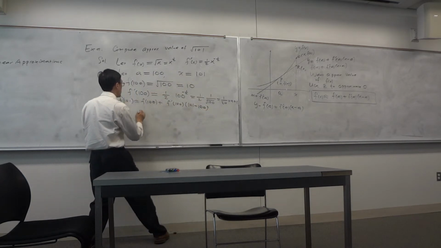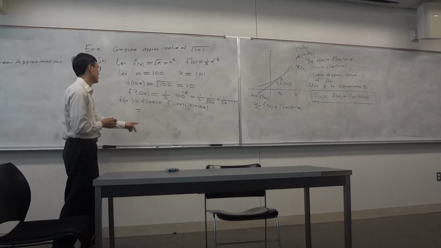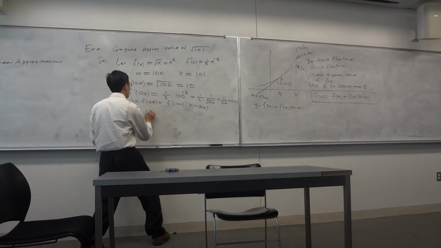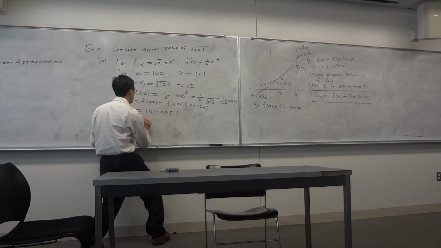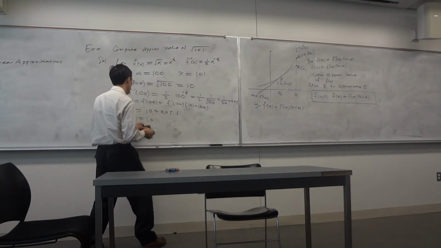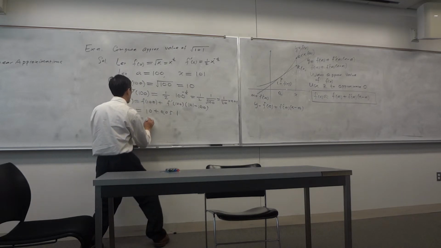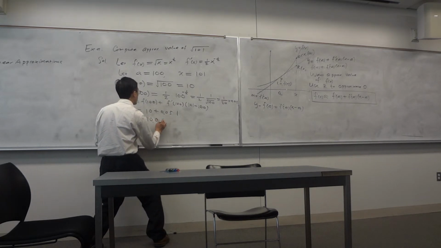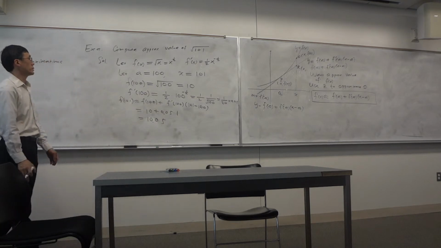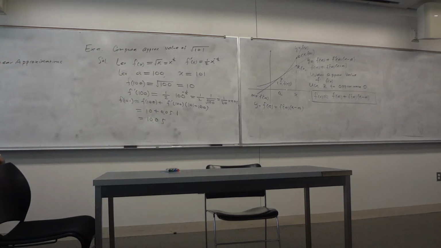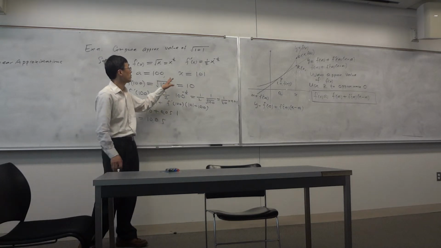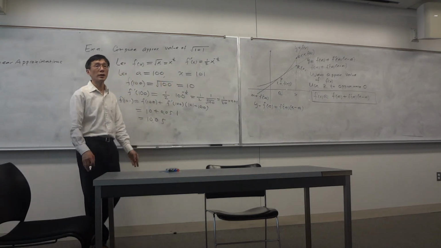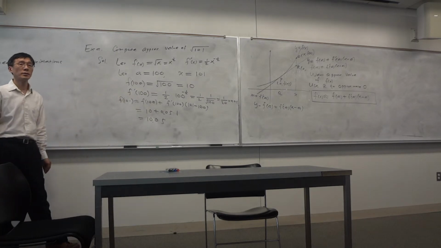And that will give you some number. In this case, it's 10 plus 0.05 times 1. So the answer is 10.05. So you can say 10.05 is an approximation of the square root of 101. And this is supposed to be a better approximation than just the 10, which we got first.